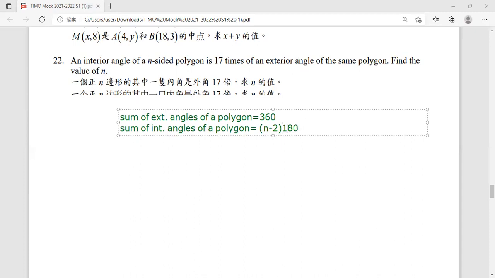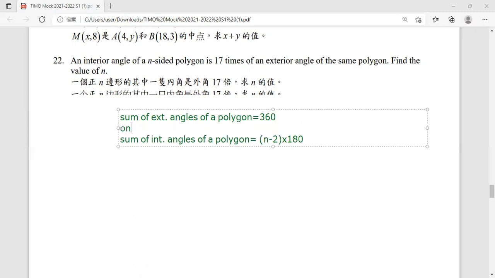If I have a regular n-sided polygon, one exterior angle of an n-sided polygon will be equal to 360 over n.